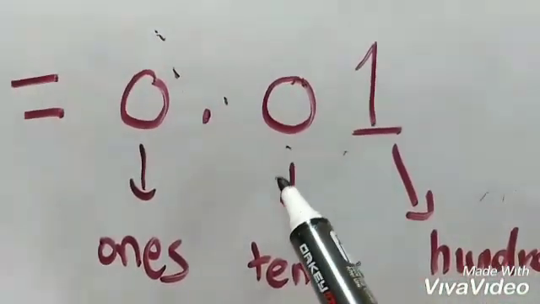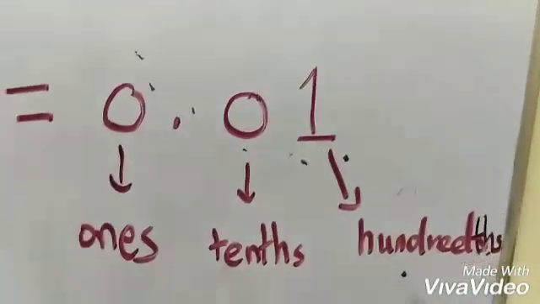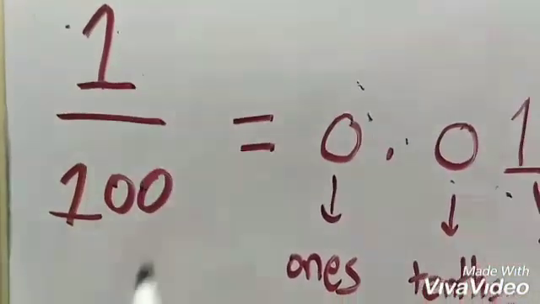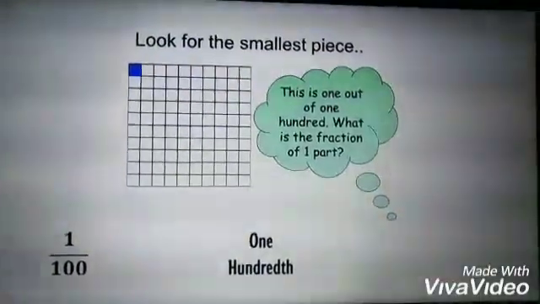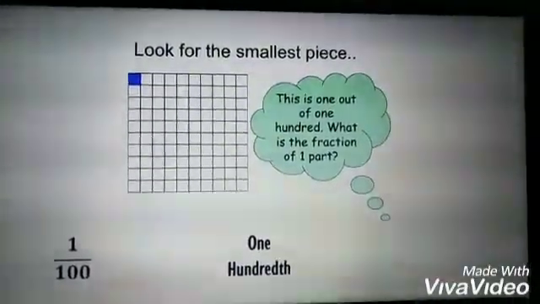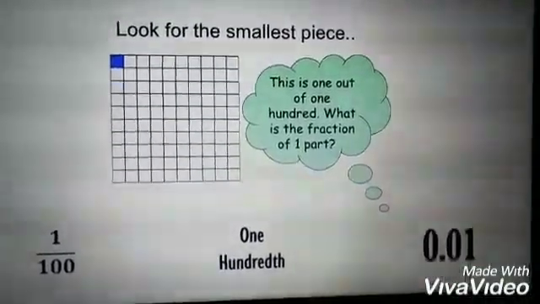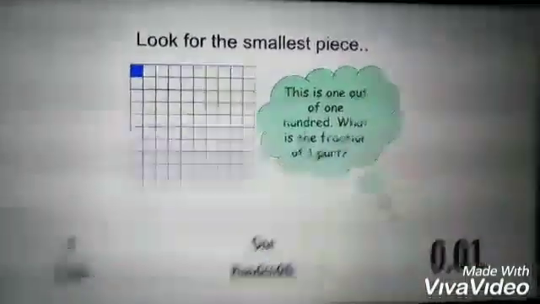So we have to write 0. And the number 1 shows the hundredths place because it's 1/100th. So the fraction 1/100th can be written using decimals as 0.01.